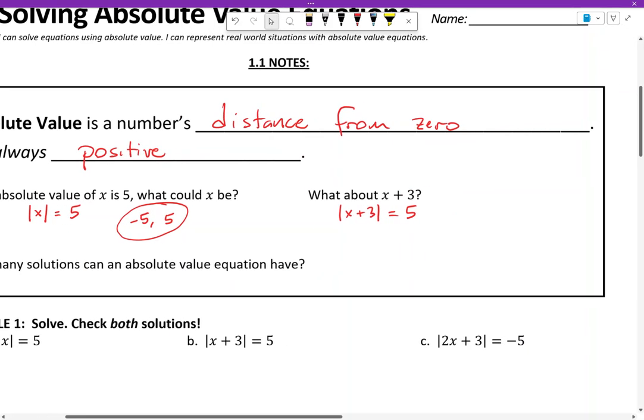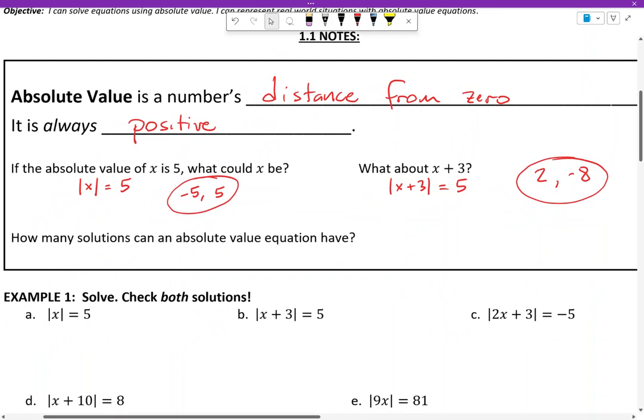If x plus 3 has to be +5, I know that x could equal 2, because 2 plus 3 is 5. That's the easy one. But if I want that to equal -5, I want some number plus 3 to equal -5. Well, that's got to be -8. -8 plus 3 is -5, which is 5 spaces away from 0. So it kind of sets up these two cases.